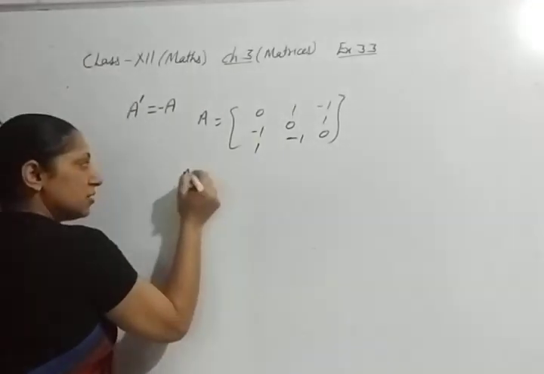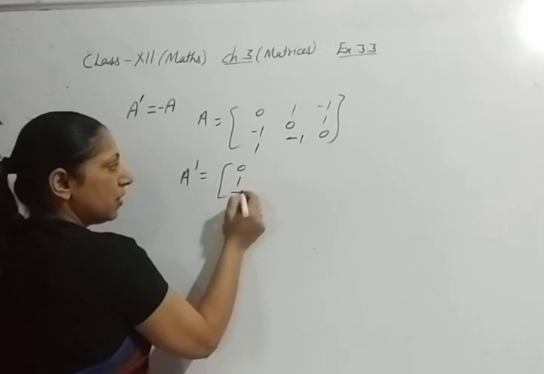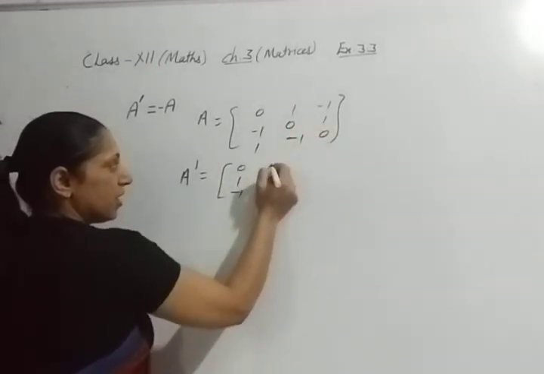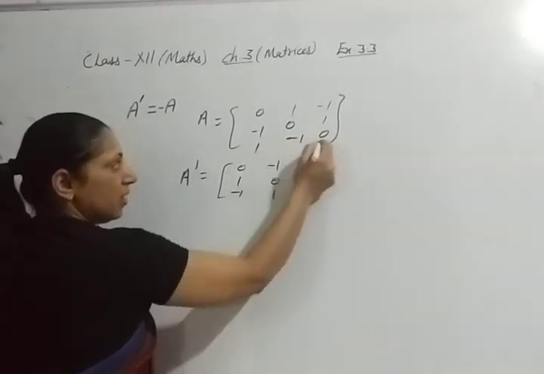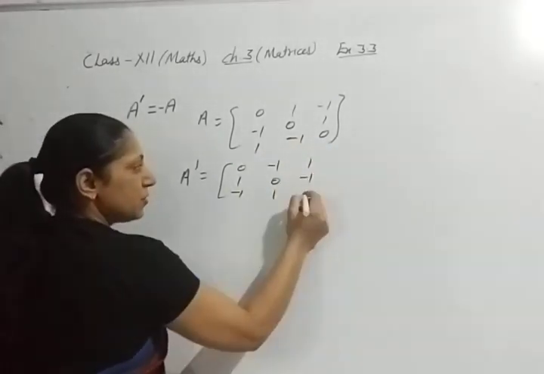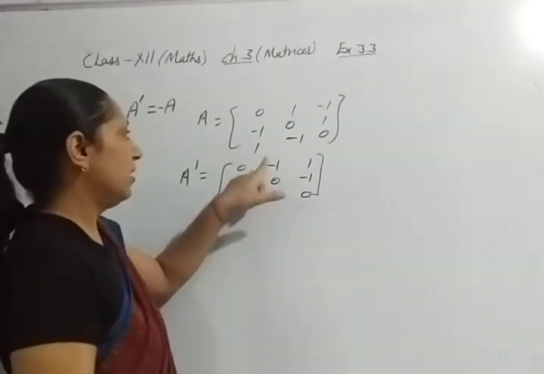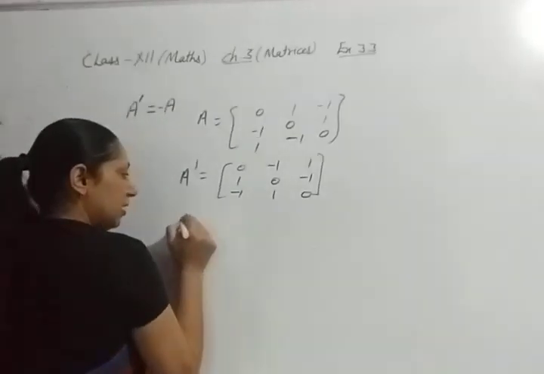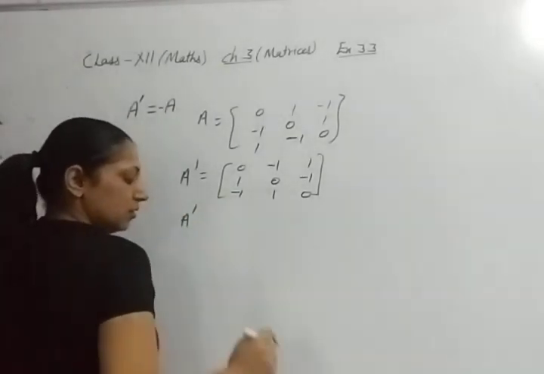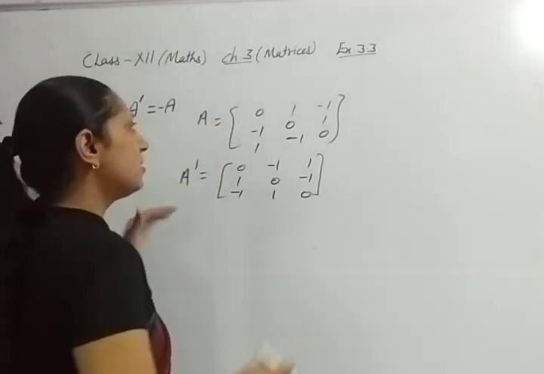So its transpose is equal to: first row, 0 1 minus 1; second row, minus 1 0 1; last row, 1 minus 1 0. Now we can see if we take negative common from this matrix, we can take negative from this or this, both.